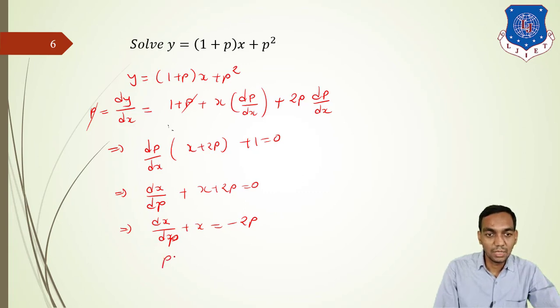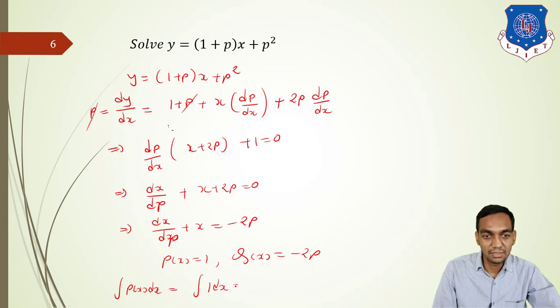So capital P of p is equal to 1, capital Q of p is minus 2p. Integration of P of p dp is integration of 1 dp, and that will be small p.